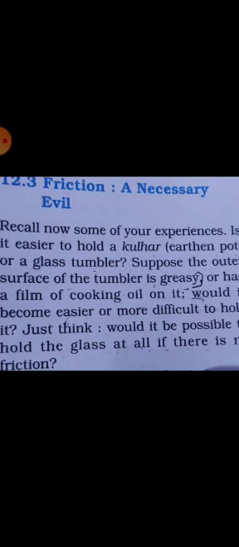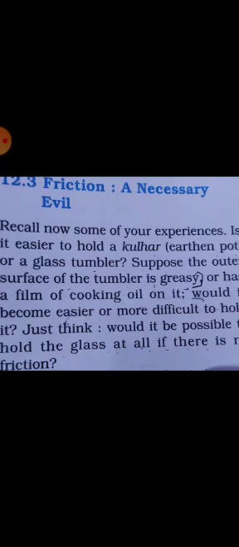And last, I'll explain to you how you can increase or reduce the friction. Children, there are so many methods by which you can increase the friction.